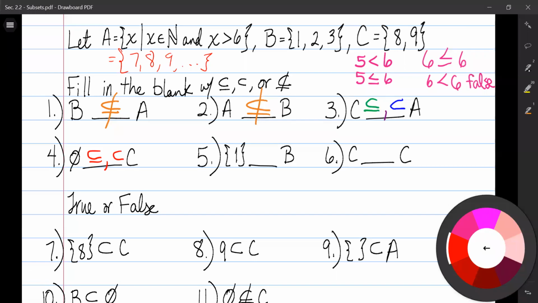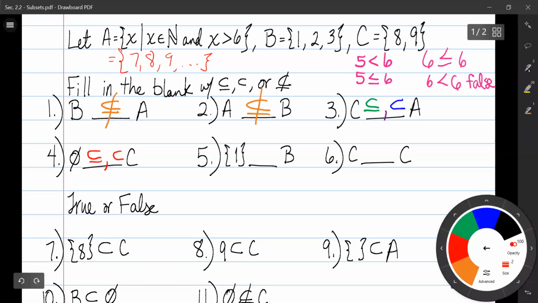Kind of like saying it's smaller than every other set. All right, number 5, we're comparing a set containing the number 1. Is that a subset of B? Yes. It's also a proper subset because it's not equal to B.